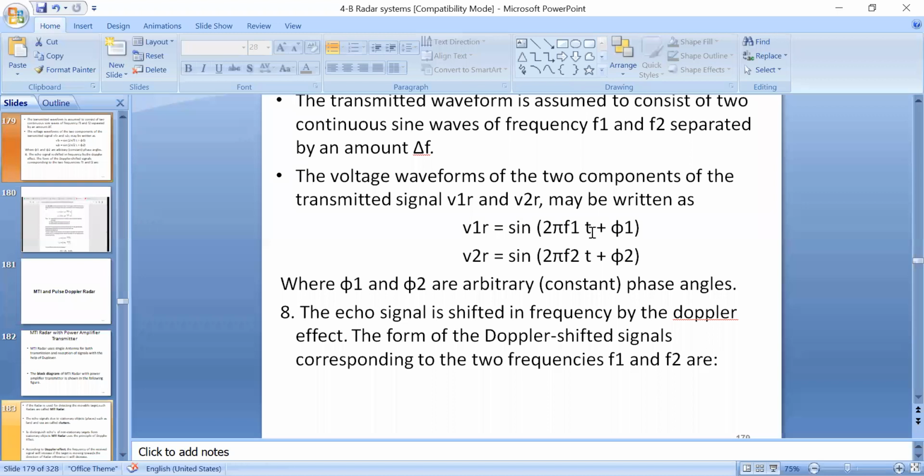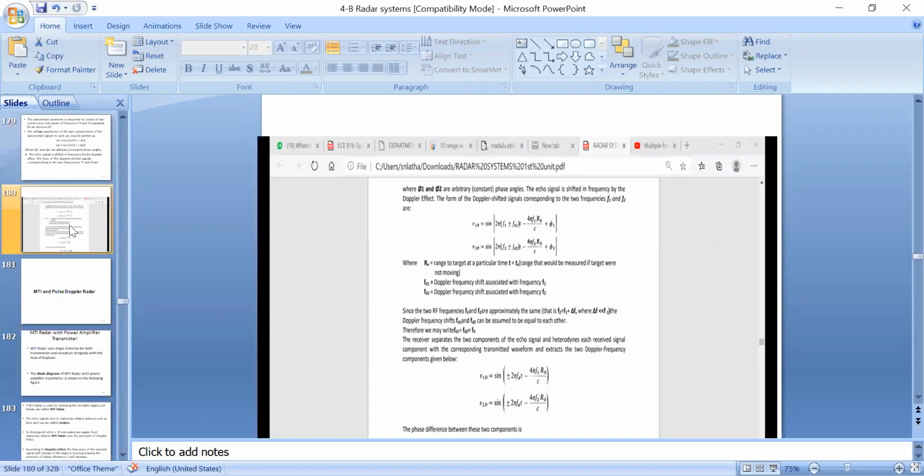Because whenever the transmitted frequency hits the moving target, there is a shift in the transmitted frequency. That shift is indicated here: F1 plus or minus FD, F2 plus or minus FD, with some range information. That is shown in the next slide.